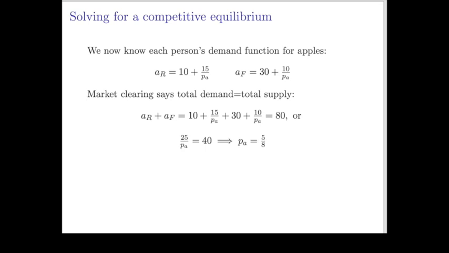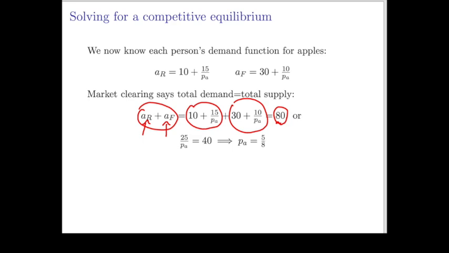So total demand is Rob's demand for apples plus Friday's demand for apples. So Rob's demand is 10 plus 15 divided by PA. Friday's demand is 30 plus 10 divided by PA. We need that to be equal to the total supply, which is 80.